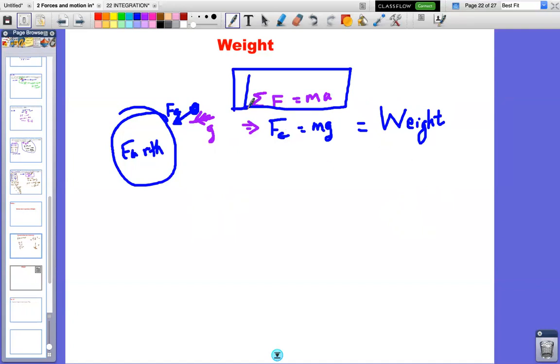For those of you who study physics, you will have some activities in which you will be asked to explain why every object accelerates with g, even though the masses would be different.